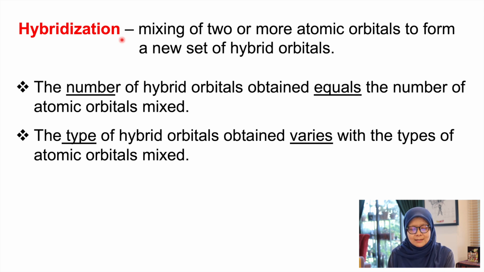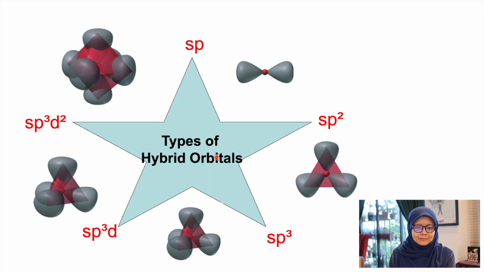Alright, there are two things that you need to be aware of in hybridization. The first one is that the number of hybrid orbitals obtained equals the number of atomic orbitals mixed, and the second one is that the type of hybrid orbitals obtained varies with the types of atomic orbitals mixed. So we have 5 types of hybrid orbitals.